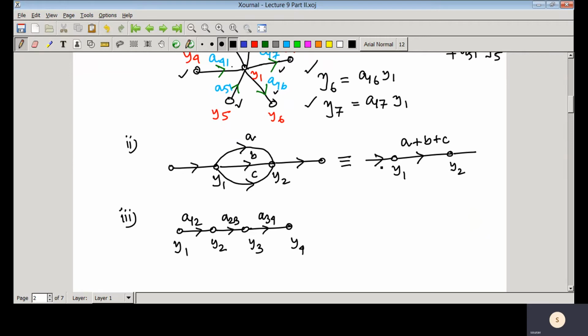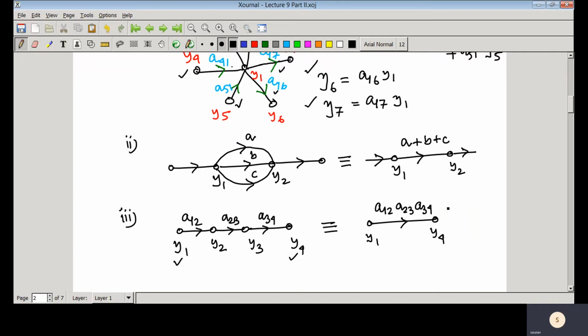So then in this case you can see here that from Y1 to Y4, the effective branch gain, or you can say that from Y1 to Y4 this is a path, so basically the path gain would be A12, A23, A34.